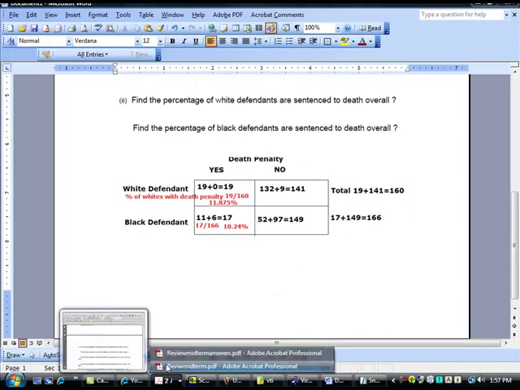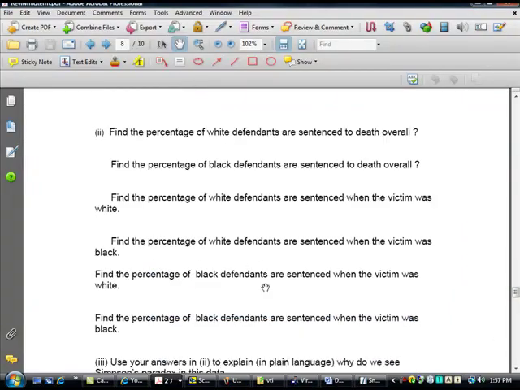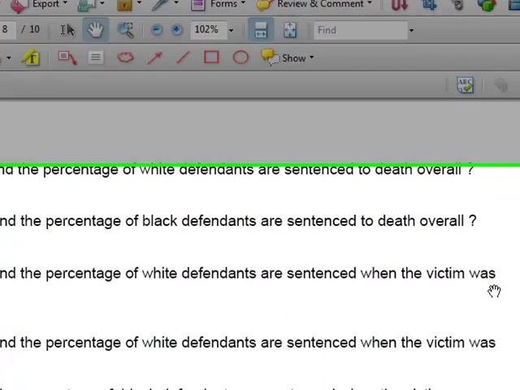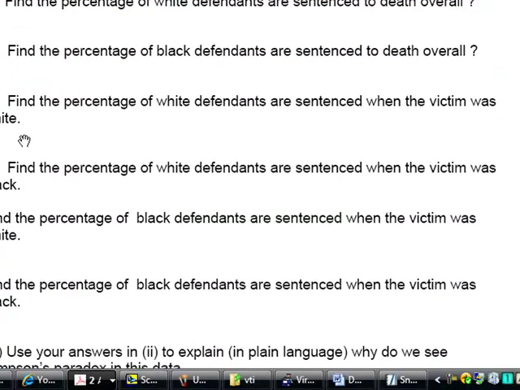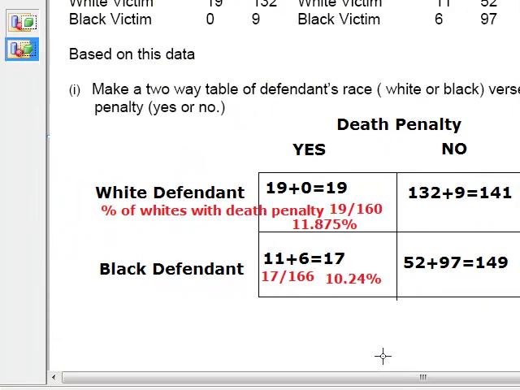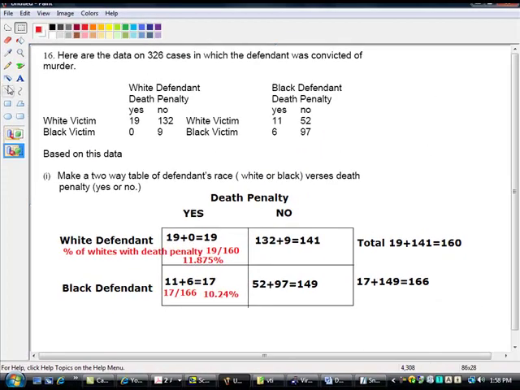Now the next part is asking, find the percentage of white defendants that are sentenced to death when the victim was white. Okay, let's find that. White defendants with white victims, right? Okay, so let's just color code this.